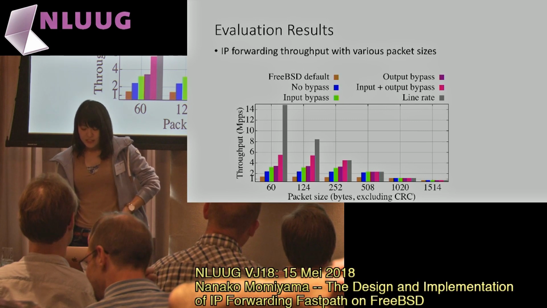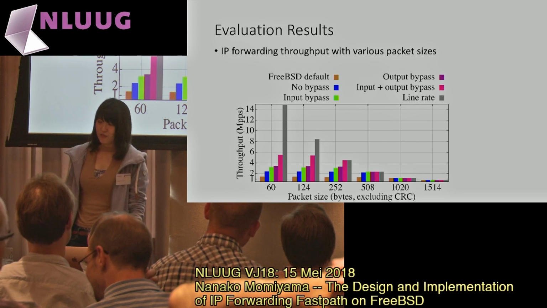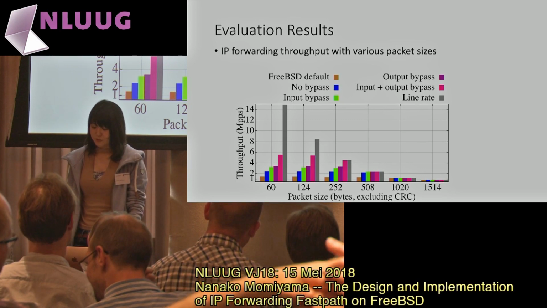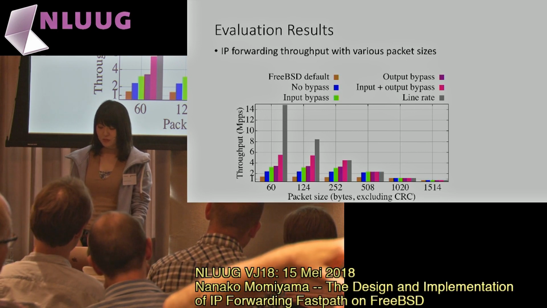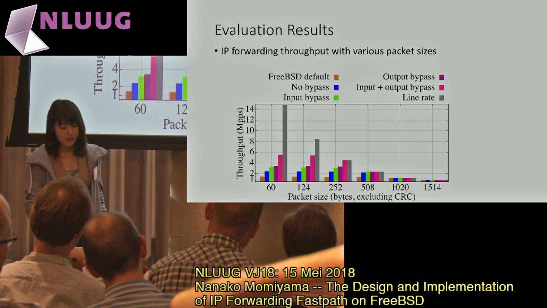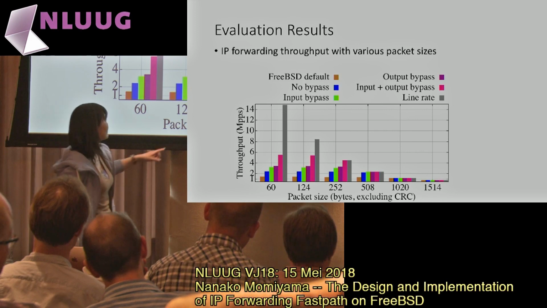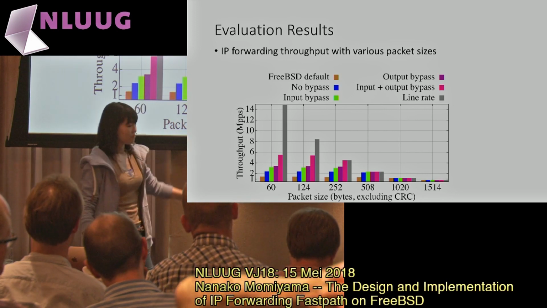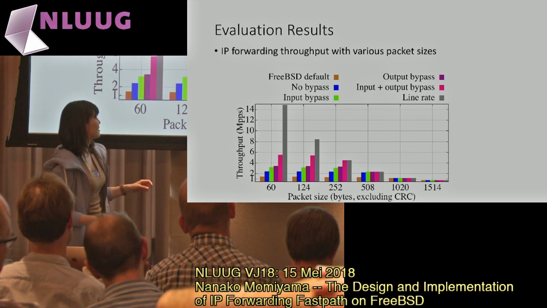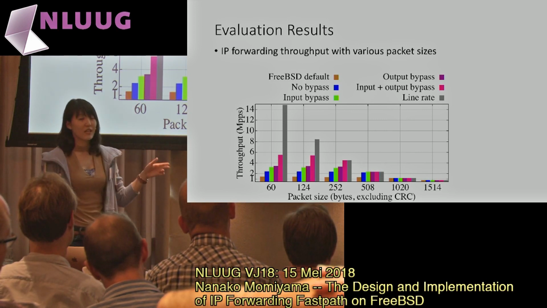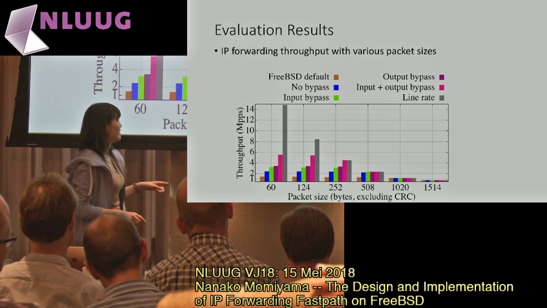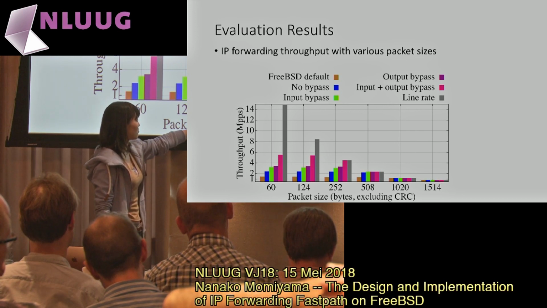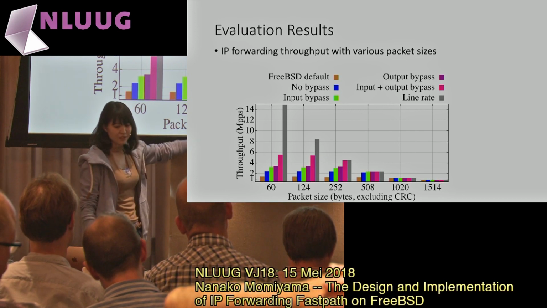The native FreeBSD and our new module without bypass functions reach line rate at almost here, around 500-byte packet size. But our full implementation, meaning input plus output bypass, reaches line rate at shorter packets, around 252 bytes.